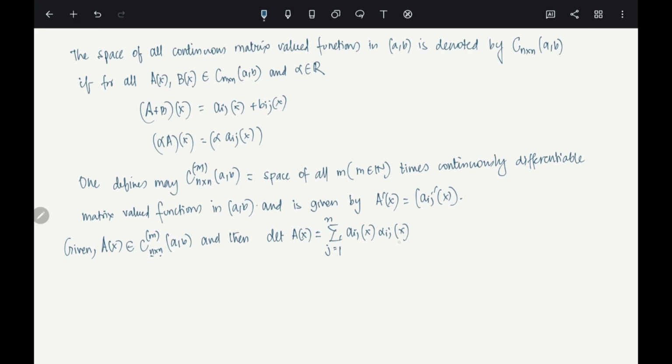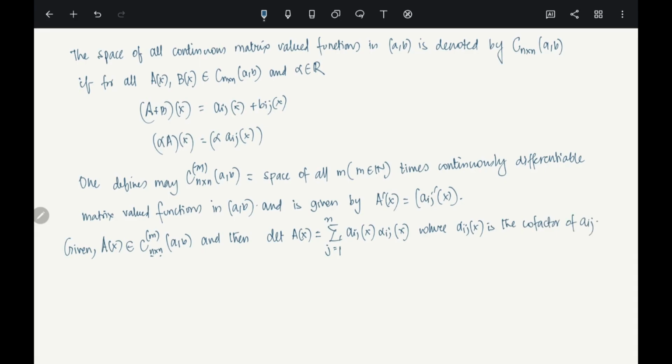And you see this alpha_ij(x) will be your cofactor, where alpha_ij(x) is the cofactor of a_ij.